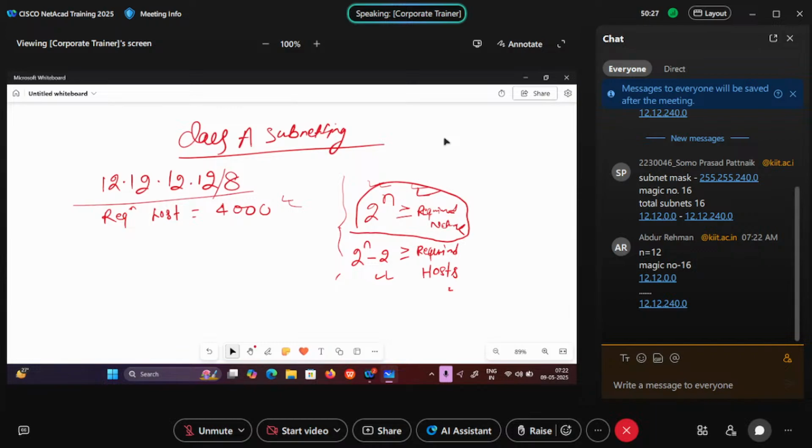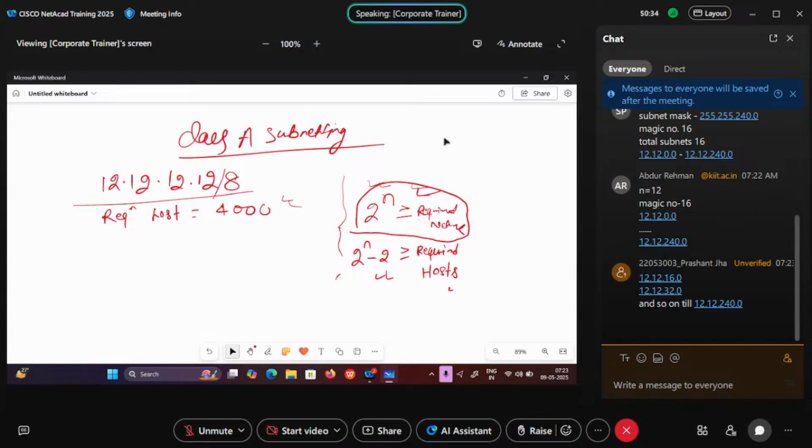So it should be 12, not 16. Just check it properly. I'm talking about n, not the magic number. The n value. Yes, sir, n equal to 12. Magic number is 16, okay, 16.